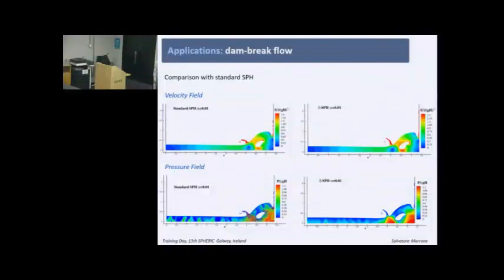And this is due to the fact that we add diffusion also in the continuity equation, so that we remove those high frequencies that couple with the nonlinearities of our equation that are not removed by the diffusion in the momentum equation. Even if here we are adding diffusion in the momentum equation, we are not removing those high frequencies that are created in the continuity equation. And this is done here.